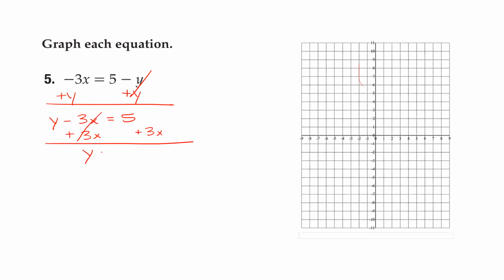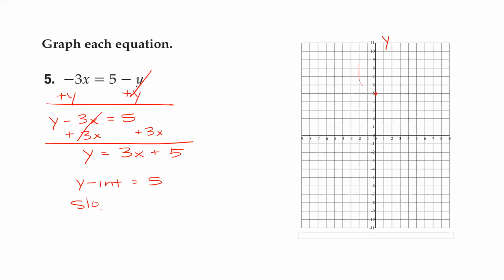And now I have y by itself. I have 3x over here plus 5. Now it's in slope-intercept form, right? So my y-intercept is equal to positive 5. That means it crosses the y-axis at positive 5.